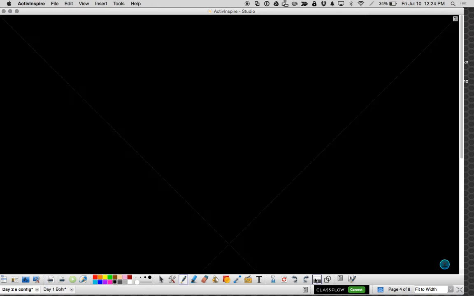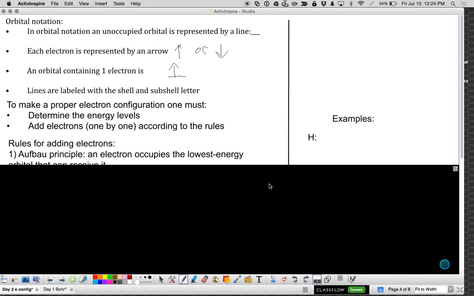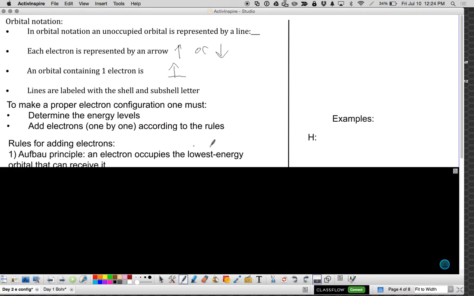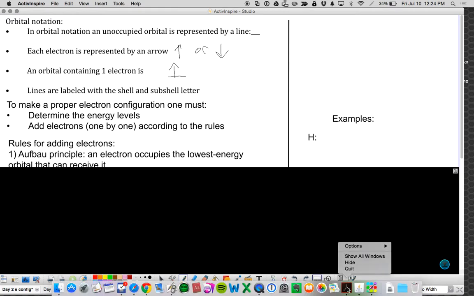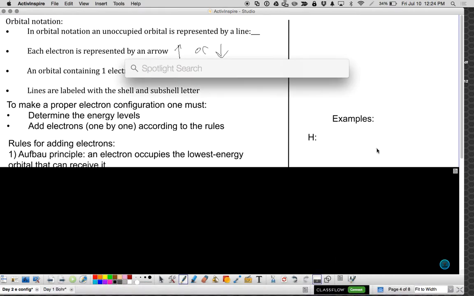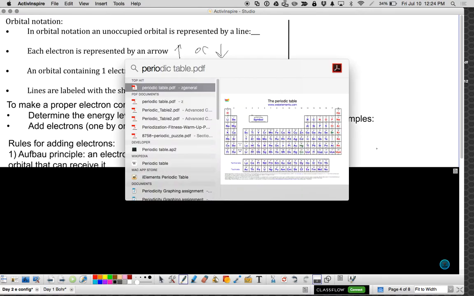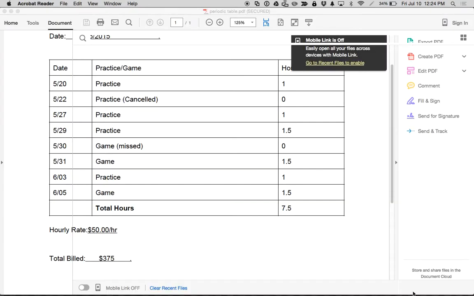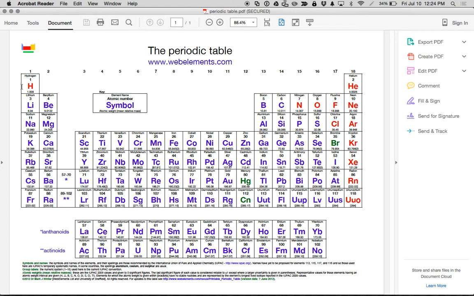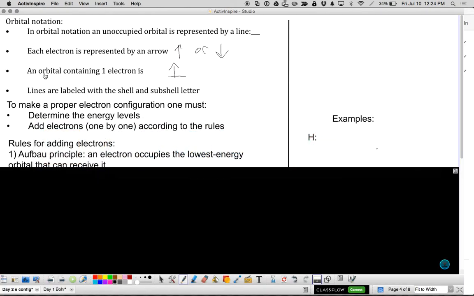For example, if I do hydrogen, I'm going to say that hydrogen has one electron, okay? I can go look at the periodic table to prove that to you. Hydrogen has one electron. So sometimes it's helpful to remember that.